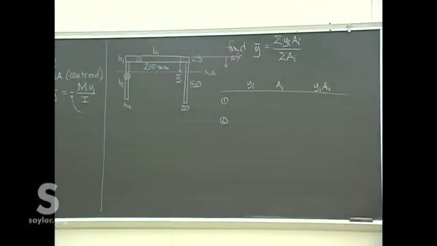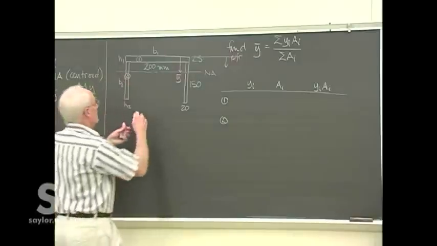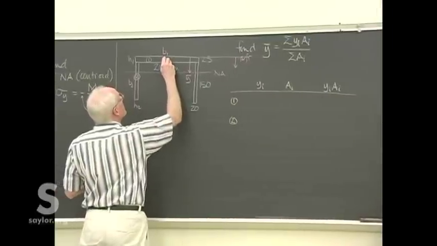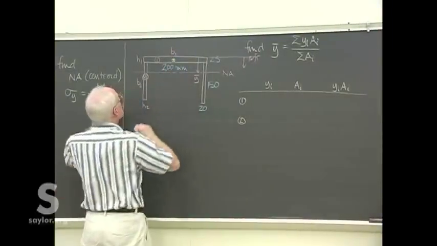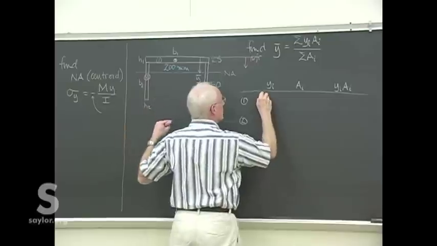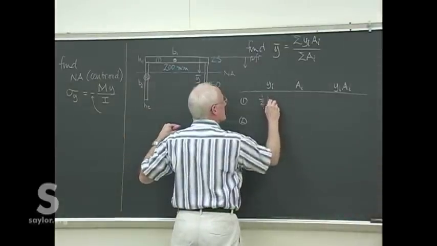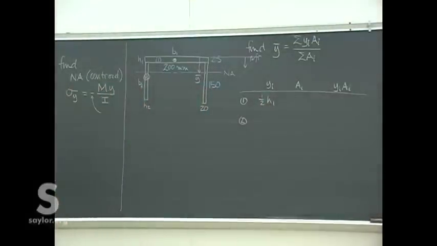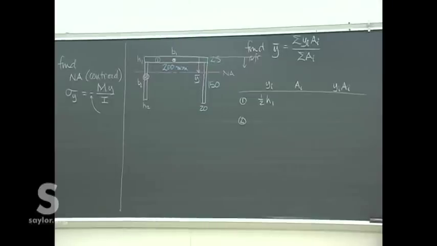The location of the centroid of the first piece, of course, is right in its own middle, which is 1/2 H1. Remember, that's locating the centroid of piece 1 with respect to our reference line.